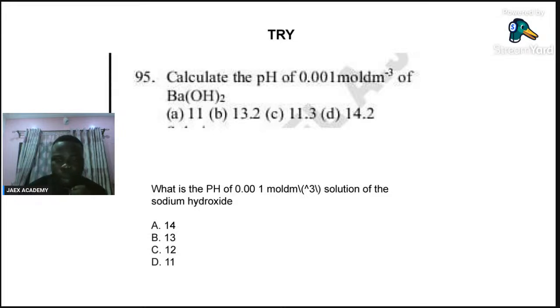So a good example of a strong base is this. Then a good example of a weak base.